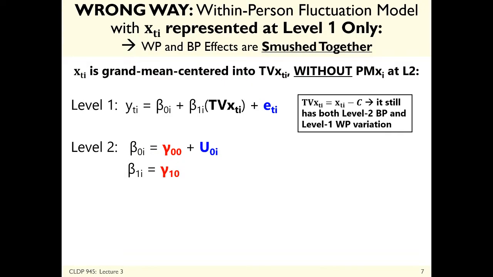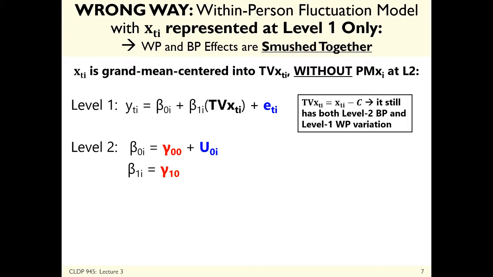So here's what not to do. Wrong way. Bold print, capital letters. This is smushing, this is bad. Let's say that we have a level 1 model where this is fluctuation data, so we don't need time, and I put in a time-varying x here. Let's say that I've centered the original time-varying x, x_ti minus c, where c is just a number.